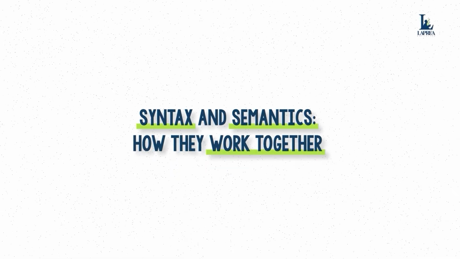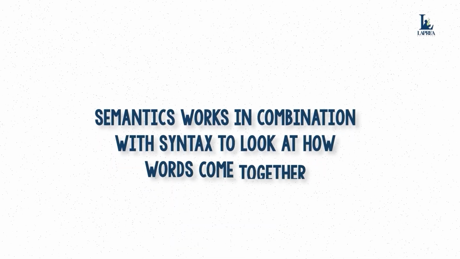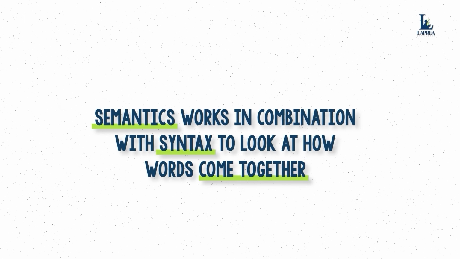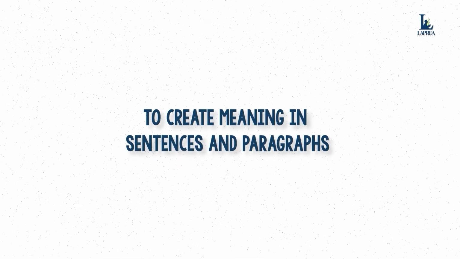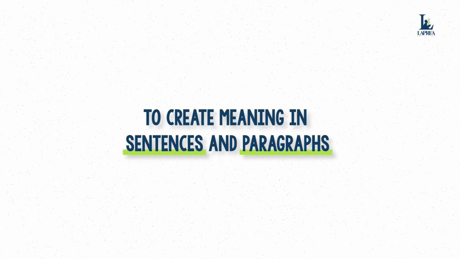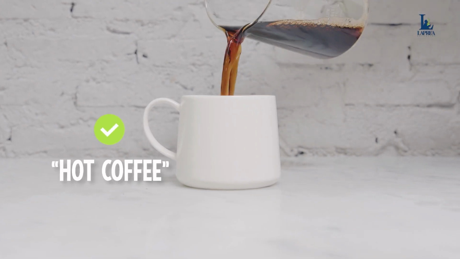That's really important. So let's jump into syntax and semantics and how they work together. It's not just about individual words. Semantics works in combination with syntax to look at how words come together to create meaning in the sentences you see on a page and in paragraphs in a book. Like, why do we say hot coffee instead of coffee hot?